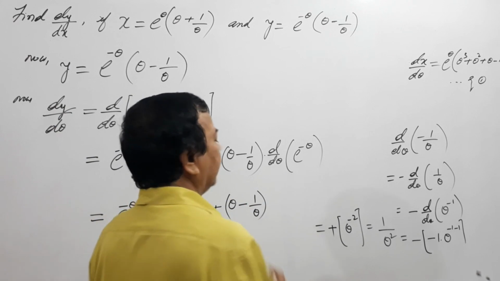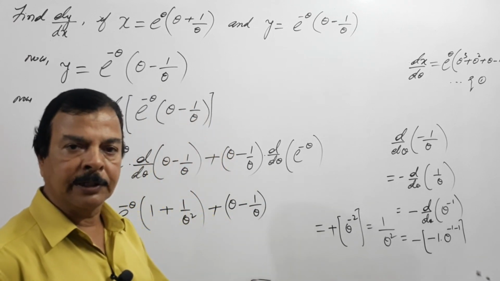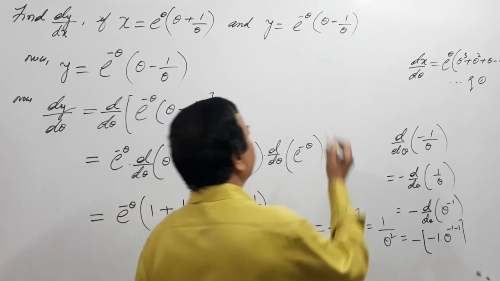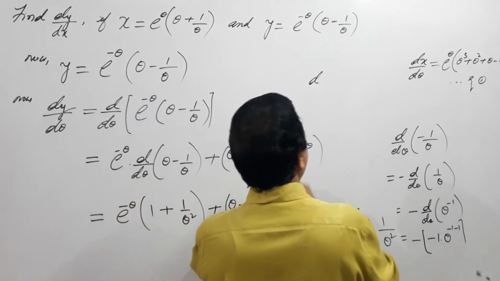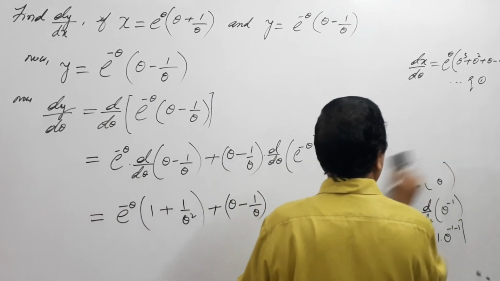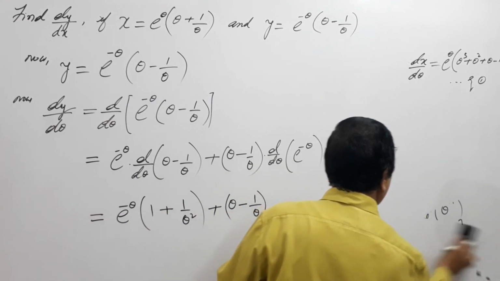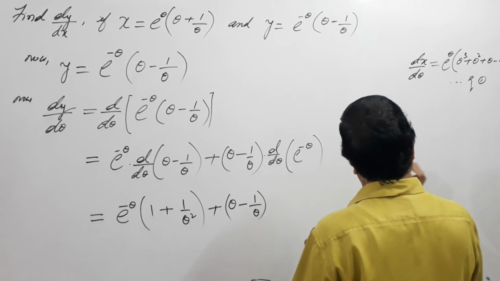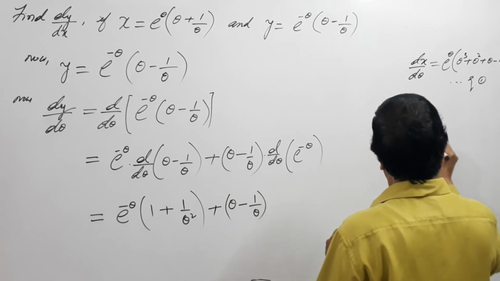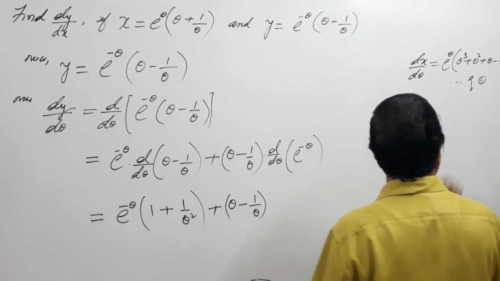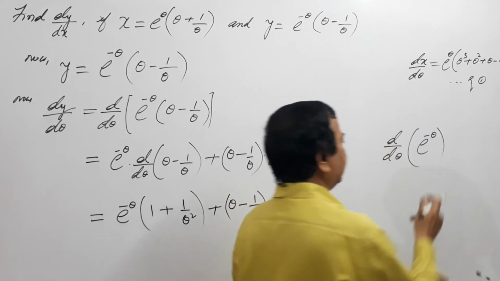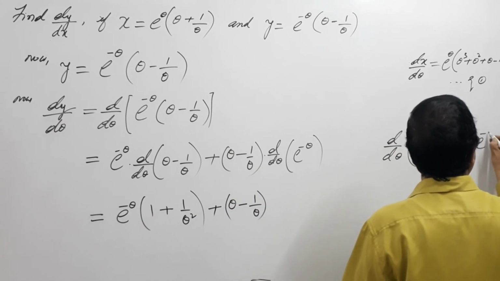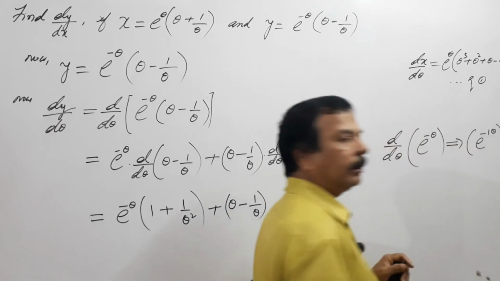So this is differentiation of e to the power of x is e to the power of x into minus. Now you have understood this, we'll take this one, d by d theta of e to the power of minus theta, isn't it? So this is nothing but, can I write like this? E to the power of minus 1 theta, can I write like this?